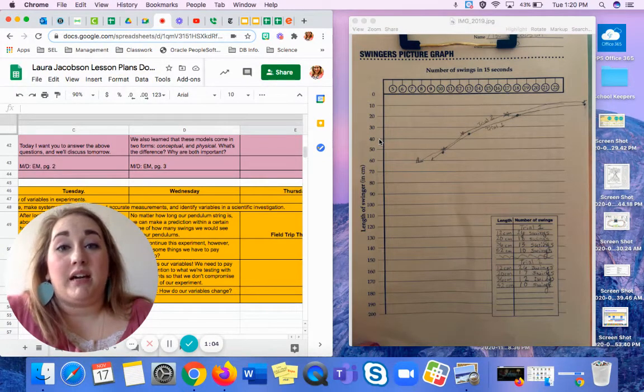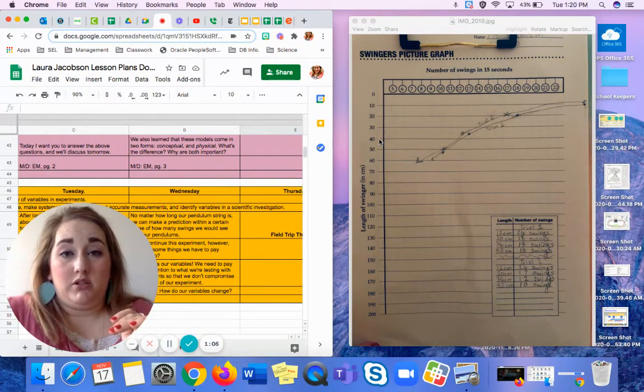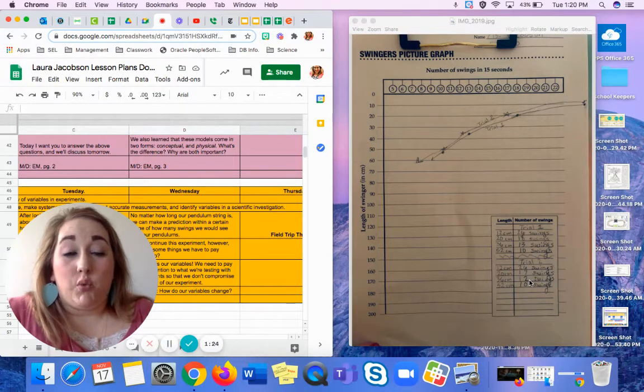We tested at 12, 20, 36, and 52 centimeters. Now looking at our data, 40 centimeters falls between 36 and 52 centimeters. Okay, at 36 centimeters, we had 12 or 13 swings, and at 52 centimeters, we counted 10.